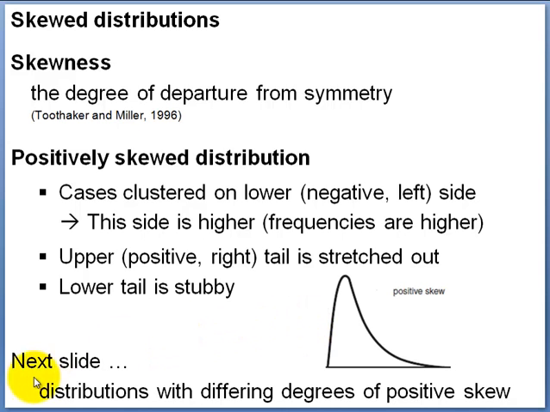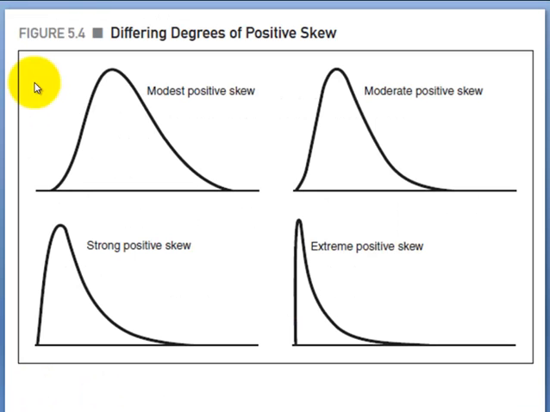And the next slide is going to show you some distributions with differing degrees of positive skew. Here are some distributions with differing degrees of positive skew, and I've attached the adjectives just with my own judgment.